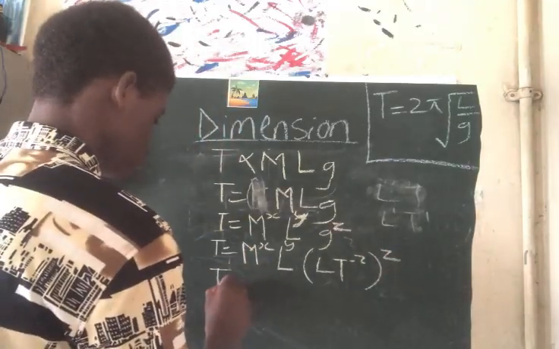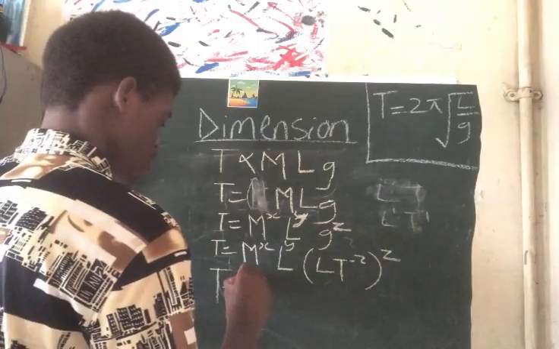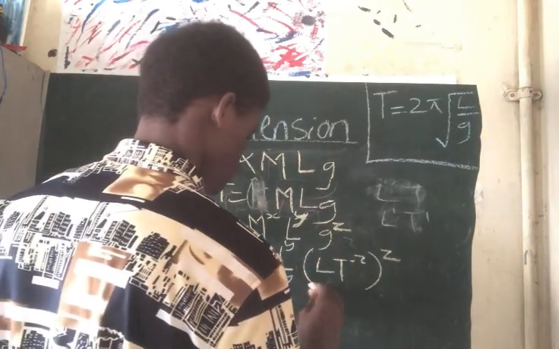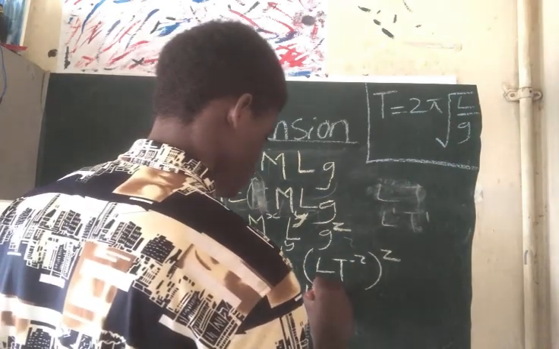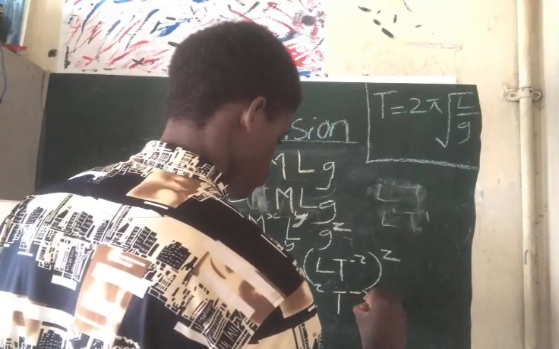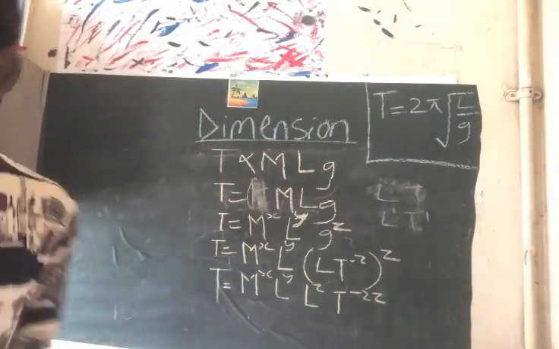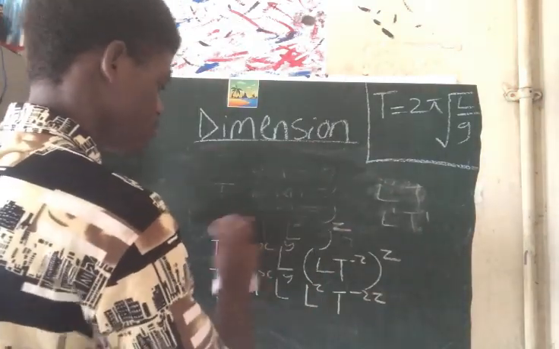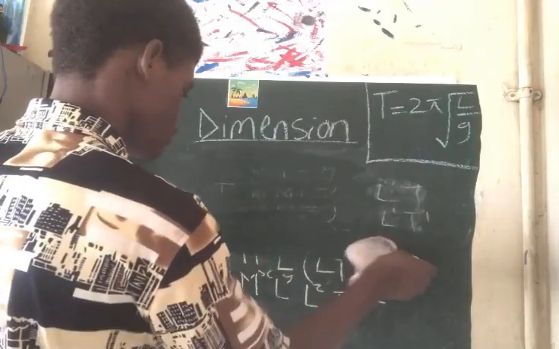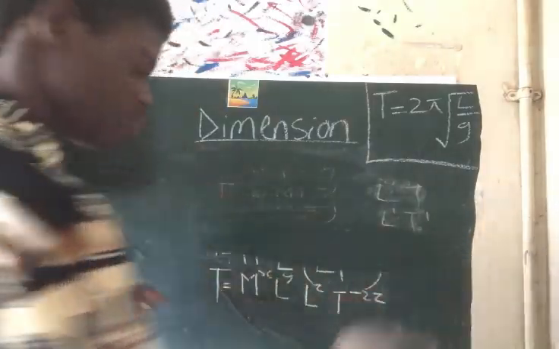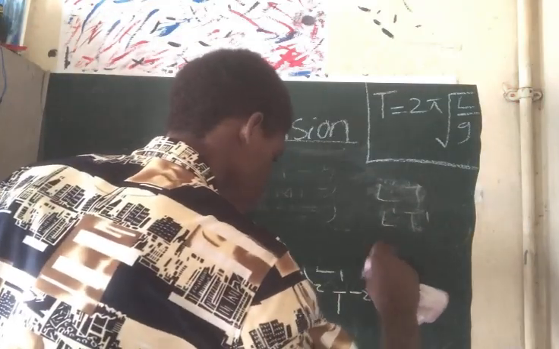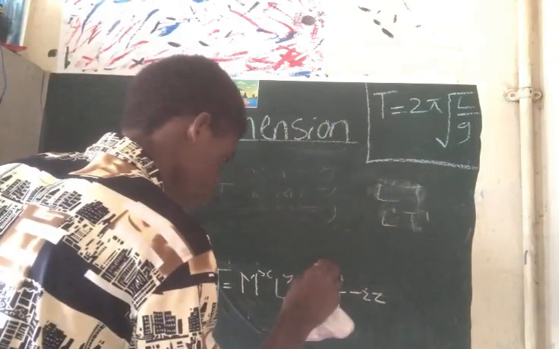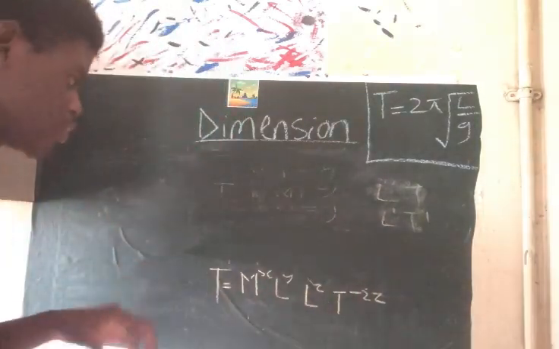So the period T has M raised to power x, L raised to power y, and if you expand this bracket, you get L raised to power z and T raised to power minus 2z.